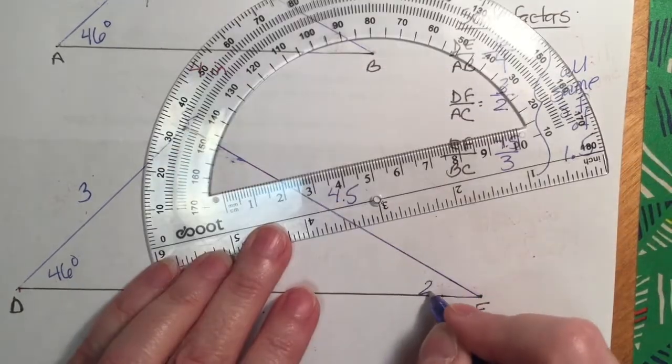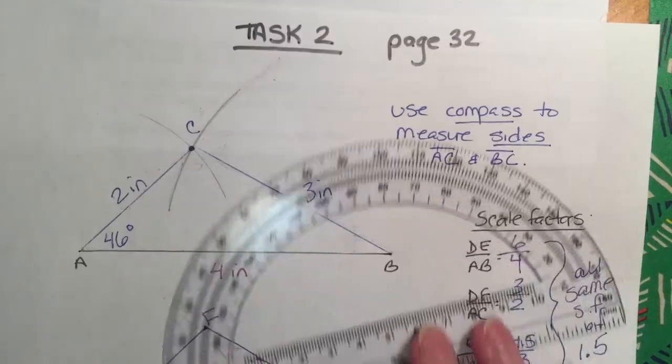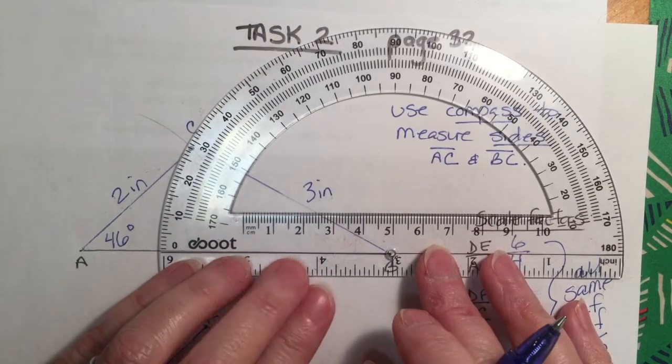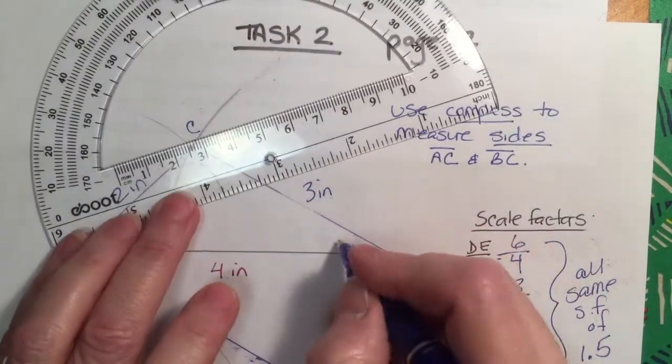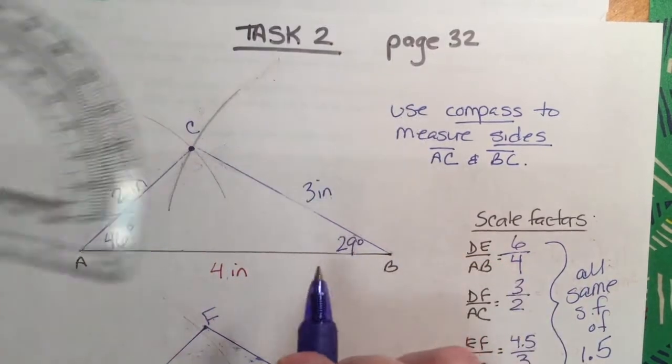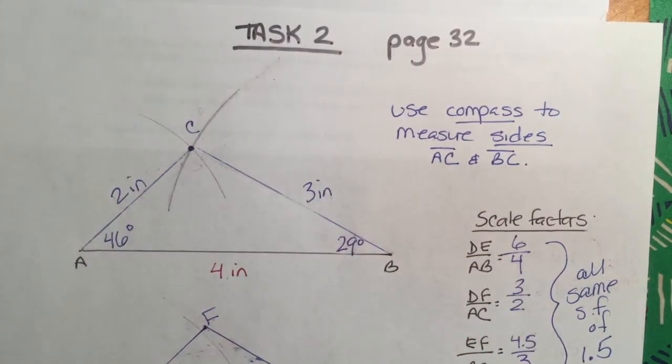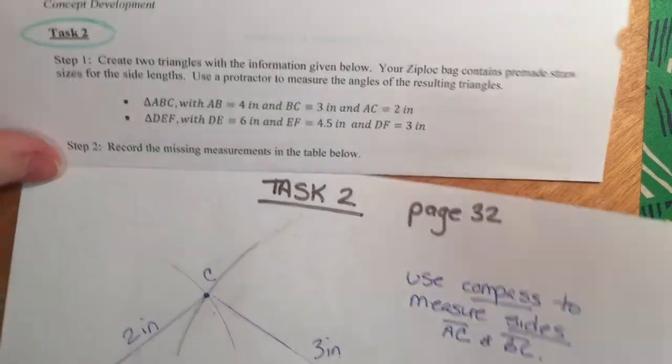It's 29 degrees. And if I measure the one up here, the same corresponding angle, it's just short of 30. It's 29 degrees. And that would mean that the third angle would also be congruent.